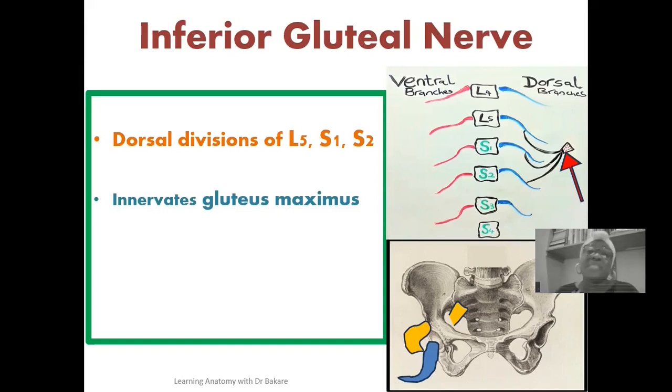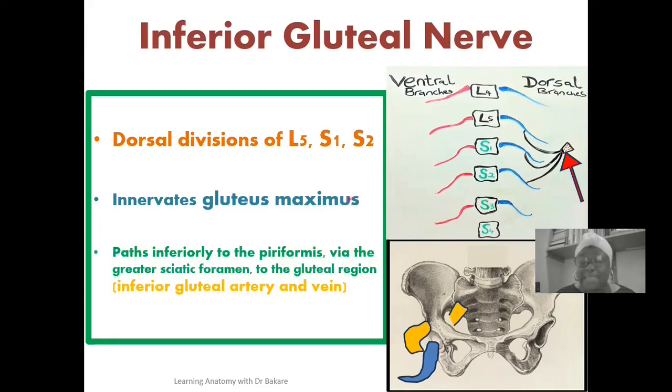Remember, the superior gluteal nerve is seen to innervate the gluteus minimus, the gluteus medius, and also the tensor fasciae latae, while the inferior gluteal nerve is seen to innervate the gluteus maximus. And this is what is arrowed here in red. Let's also see the path that the inferior gluteal nerve will run for it to be able to innervate the gluteus maximus, because we know that the gluteus maximus is located outside the pelvic space, specifically at the posterior region.